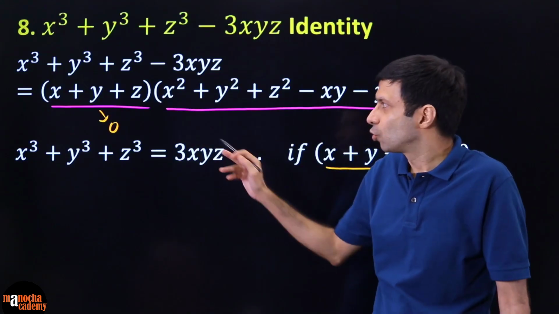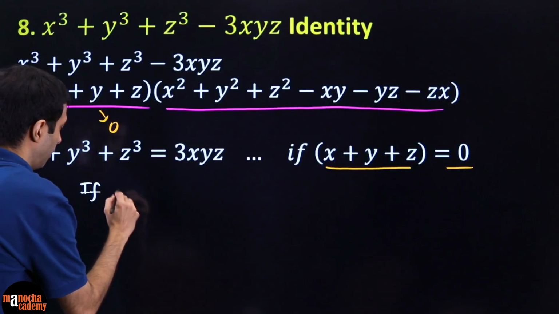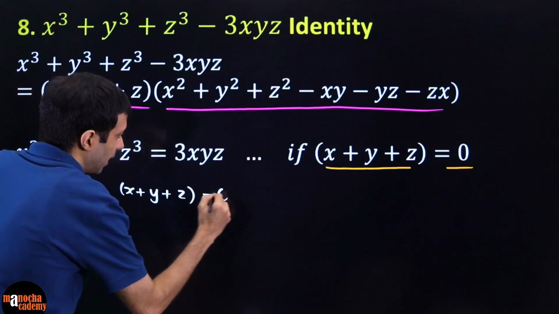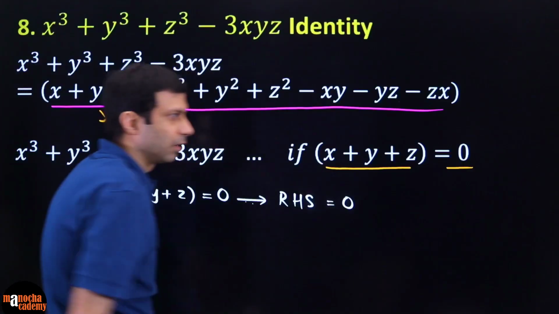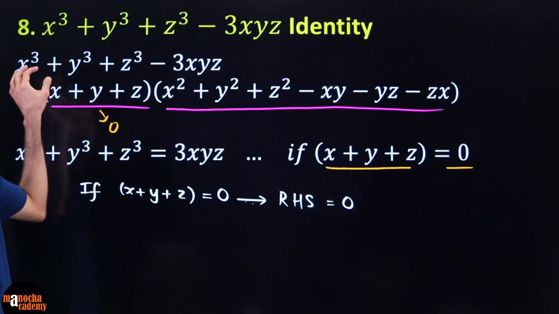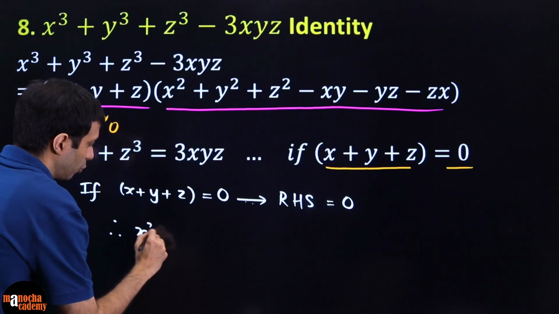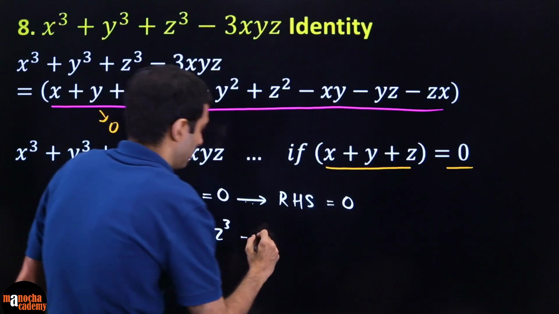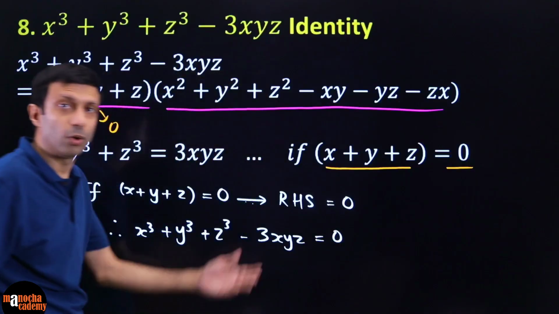So if the sum of these three is 0, then the RHS is 0. Now if the right hand side is 0, I can directly equate this. Therefore x cube plus y cube plus z cube minus 3xyz is equal to 0.